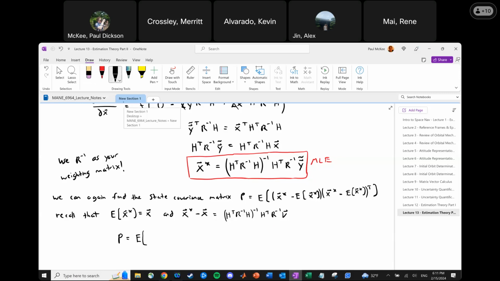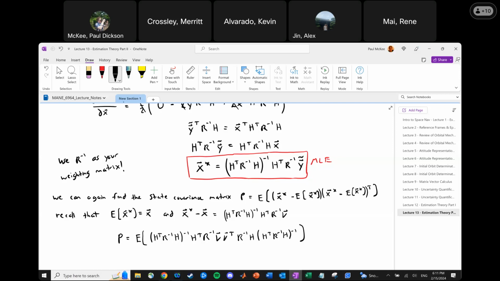So this would be H transpose R inverse H inverse, H transpose R inverse nu, nu transpose R inverse H, H transpose R inverse H inverse. That's a mouthful. All right.